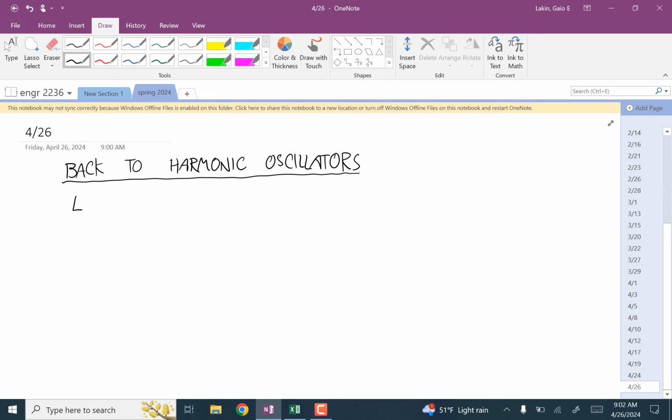And last time we did the case of an undamped oscillator. And so I did all the calculations for a system like this.